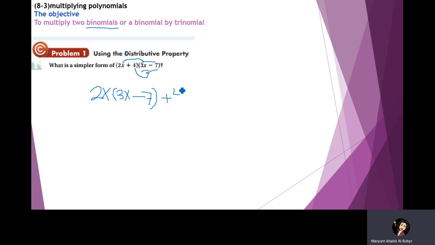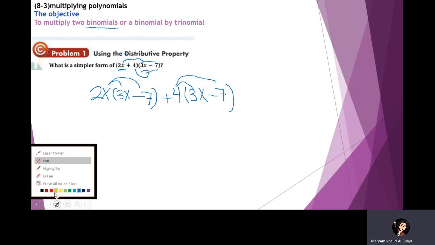Plus 4 for all this one, 3x minus 7. That's it. You just need to distribute again and distribute again. Even here, I just want to tell you that I use the distributive property. Again, I got this term, I multiply it by all things that I have here. I had this term, I multiply it by all things that I have here. Like that, I opened my parentheses.